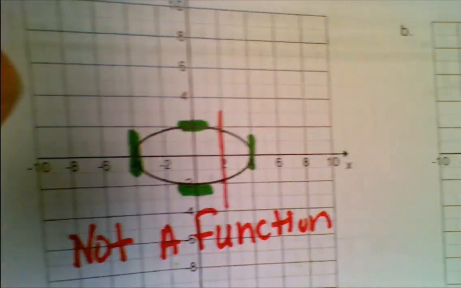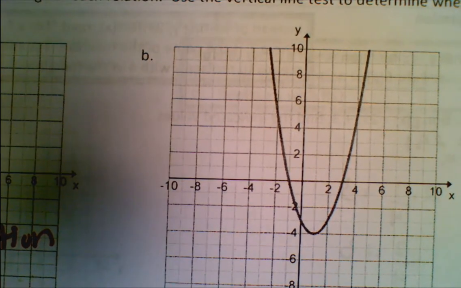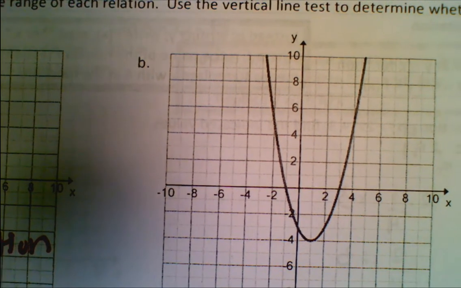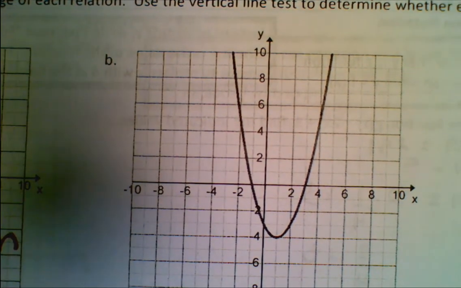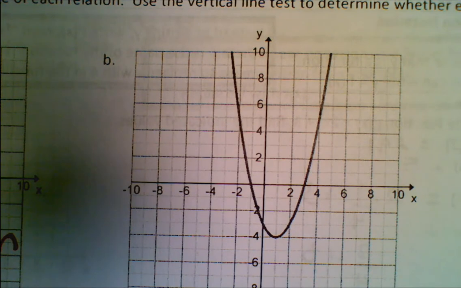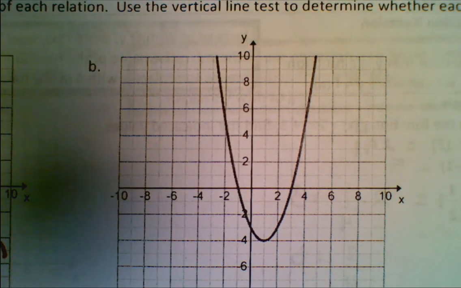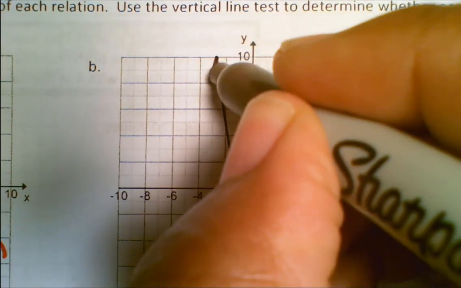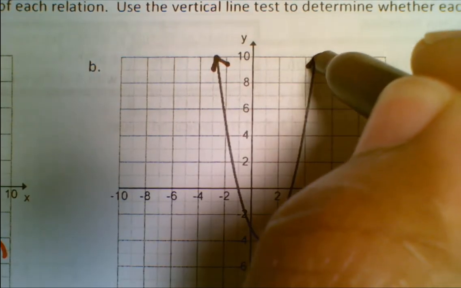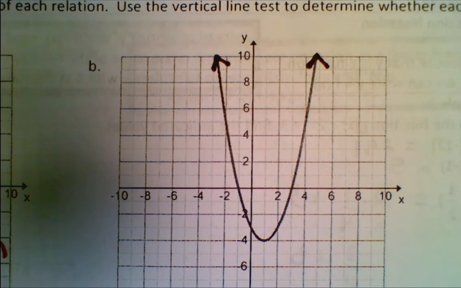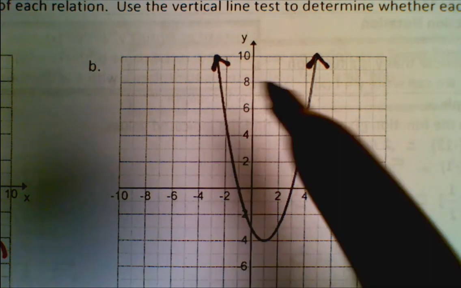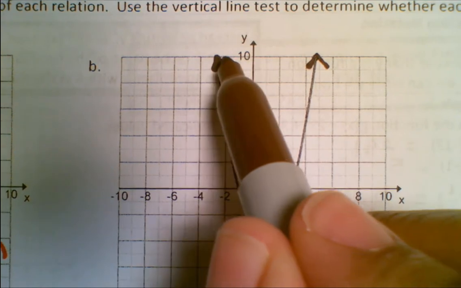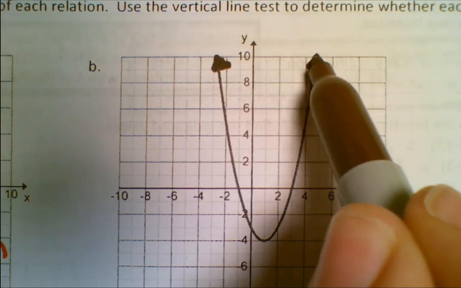Next example, B. We have a parabola here, and we want to find the domain and range. Domain, but before we talk about domain, even though we don't see it, there are arrows at the end of this parabola on the left side and the right side. So it means that this parabola is continuous. It keeps going.